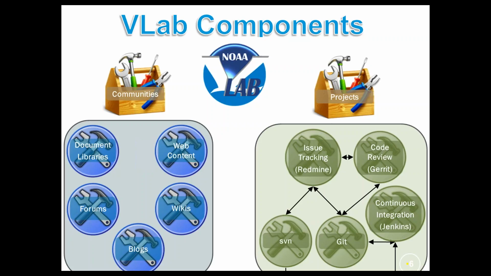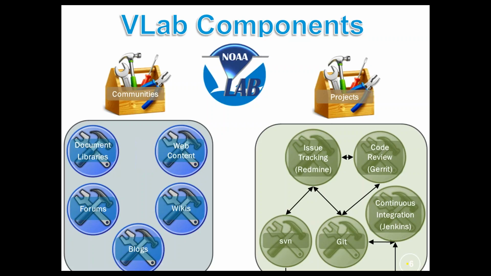We have web content, which is basically like web pages for getting information out. We have forums, which can help you dialogue with other people through an email-like vehicle. We have wikis that allow you to work collaboratively to develop some content or document. And then we have blogs, which allow experts within a community to present information to members of the community for review and to hopefully help them do their jobs better.